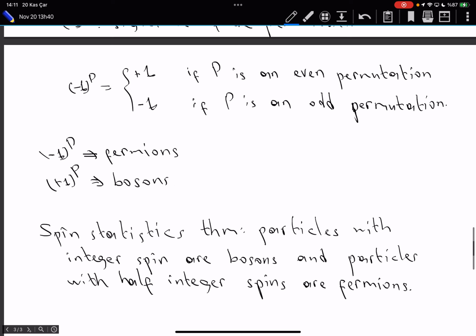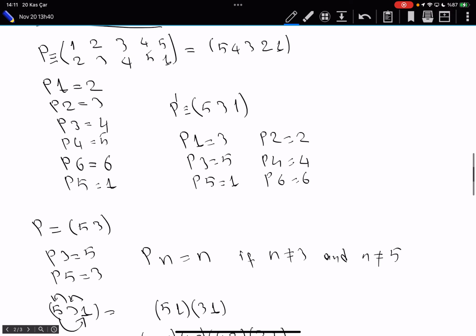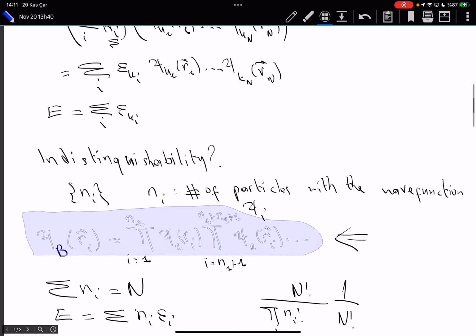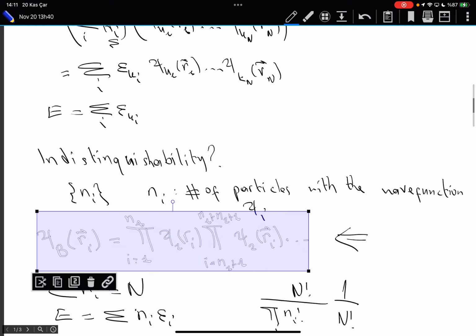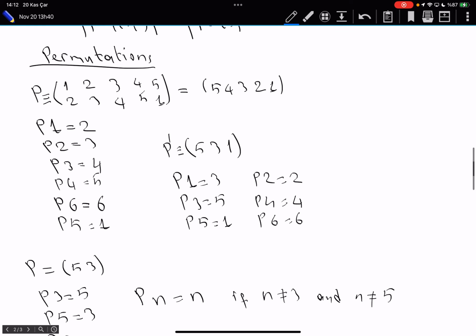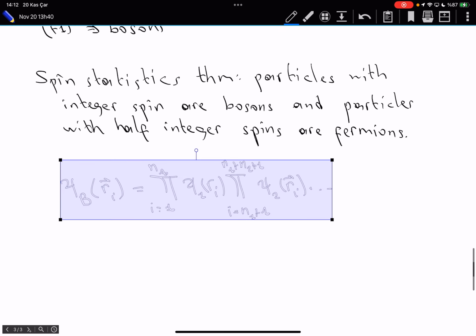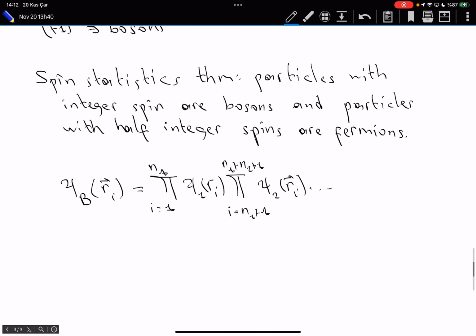Anyway, so let's try to impose this condition on our wave function. We started looking at these product wave functions, which I call Boltzmannian. Obviously, they don't satisfy this condition unless all the particles are in the same state.